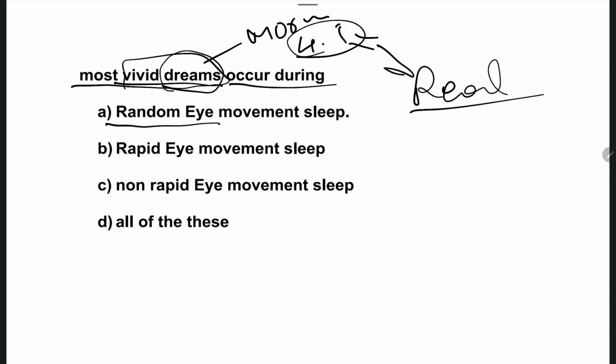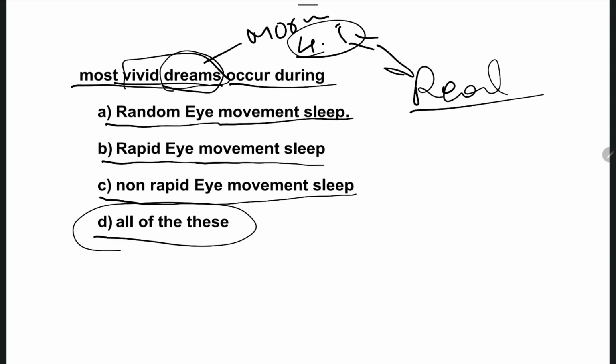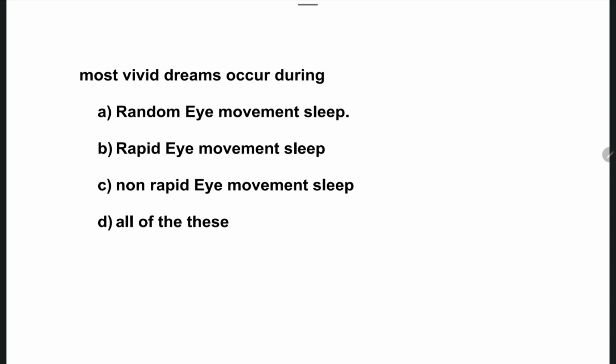Option A, random eye movement sleep. Option B, rapid eye movement sleep. Option C, non rapid eye movement sleep. Option D, all of the above. So the right one is option A, random eye movement sleep.